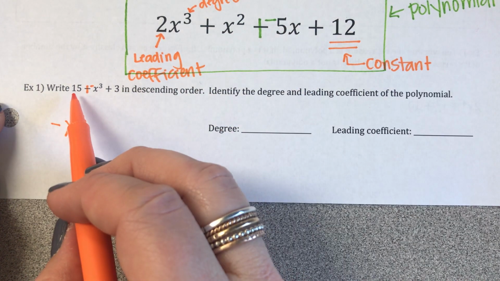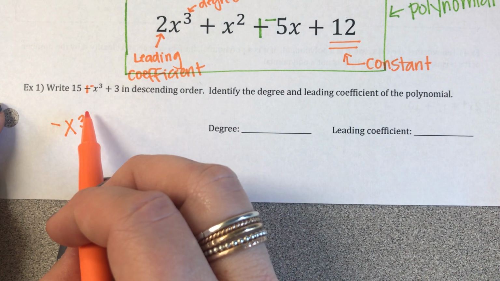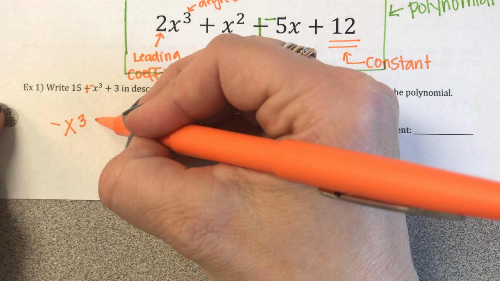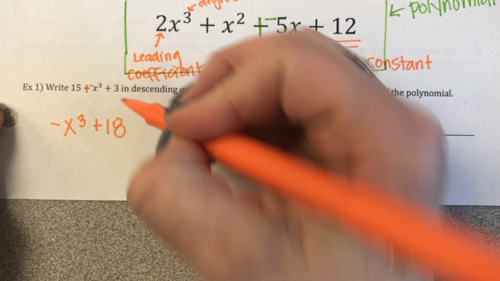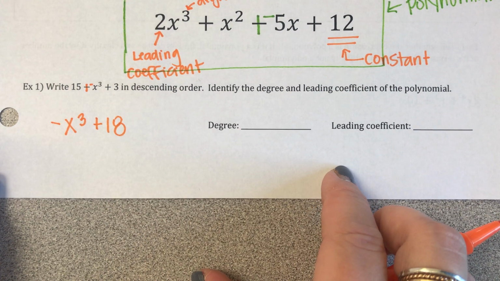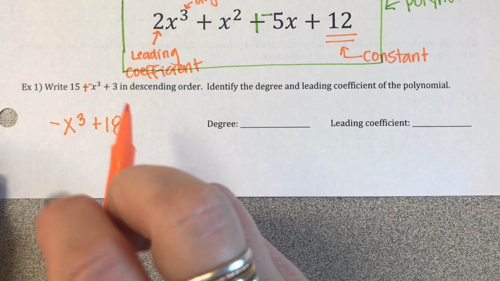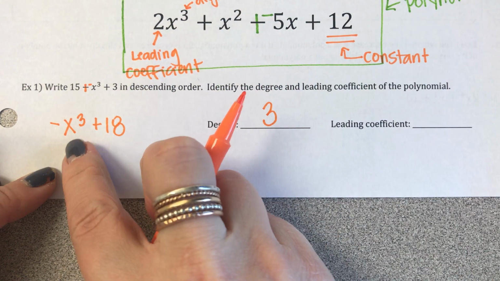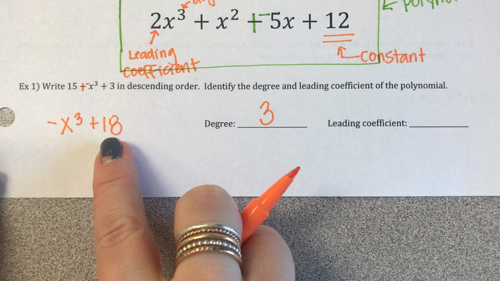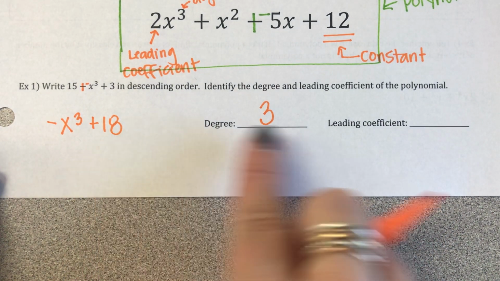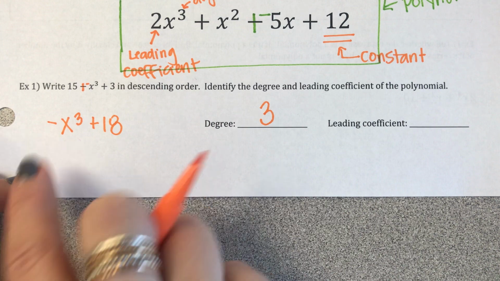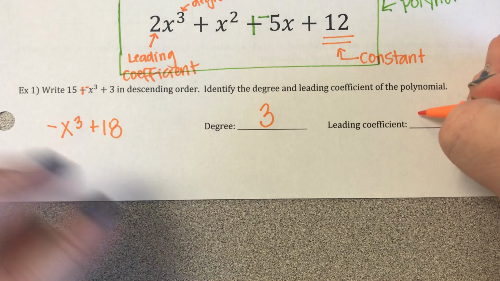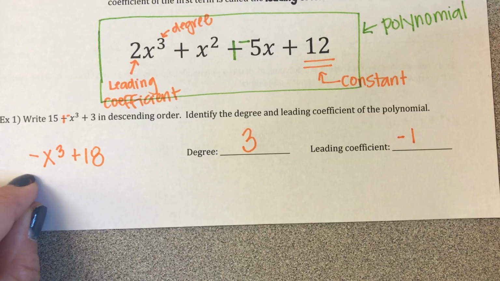And then I can do 15 plus 3 is 18. So that would be my polynomial written in descending order. The degree of my polynomial is 3, because my biggest exponent is 3. And my leading coefficient, what number would go in front of the x to the third? It's -1. I have -1x to the third.